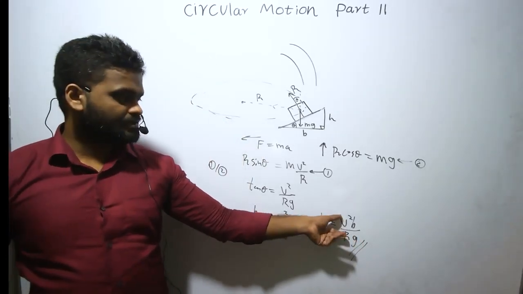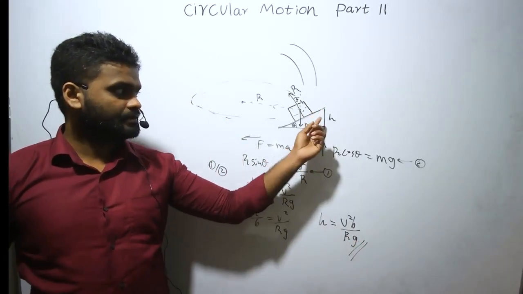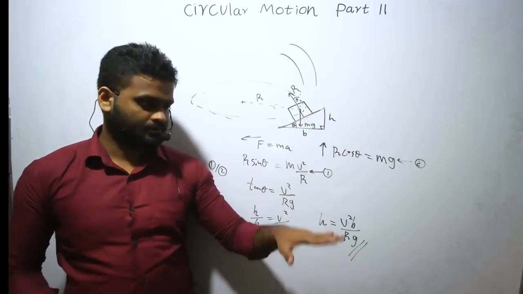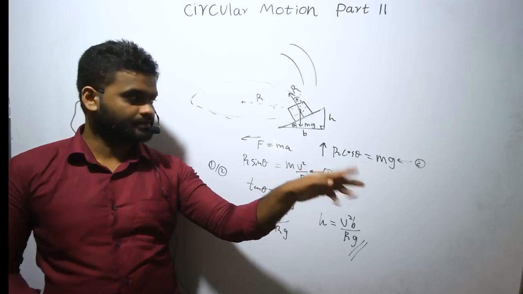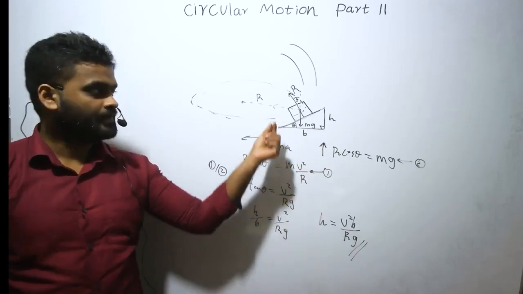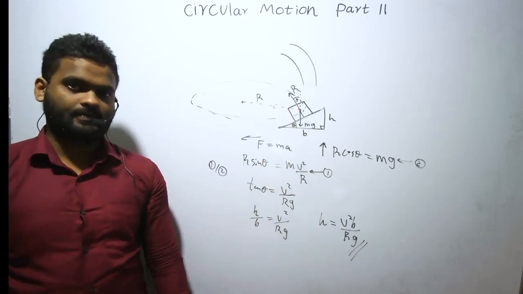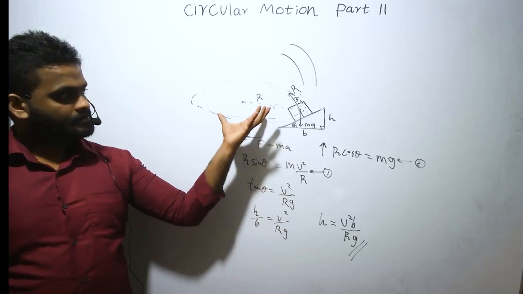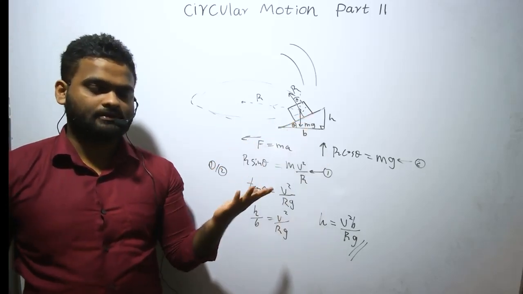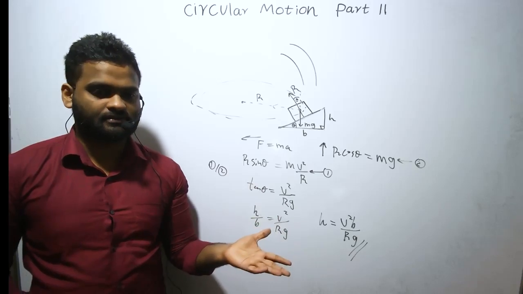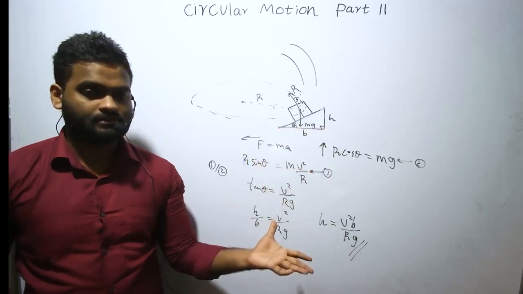By this much, you have to lift one side of the road, so you can create the required centripetal force, that is R sin theta, towards the center. Without that, it is not possible to take a bend without friction, right? Here there's no friction.